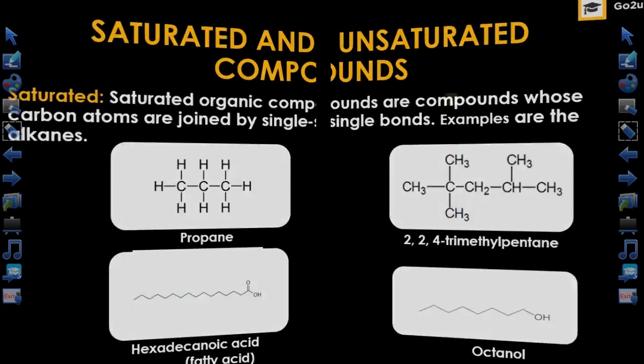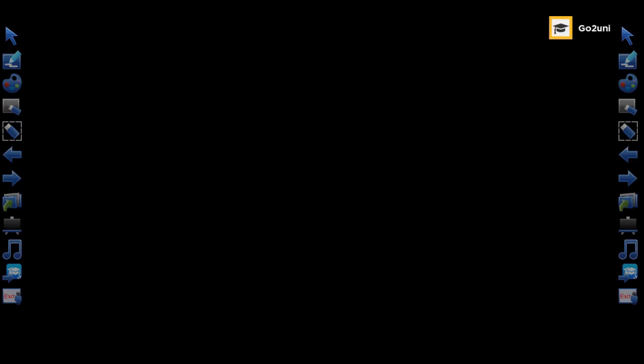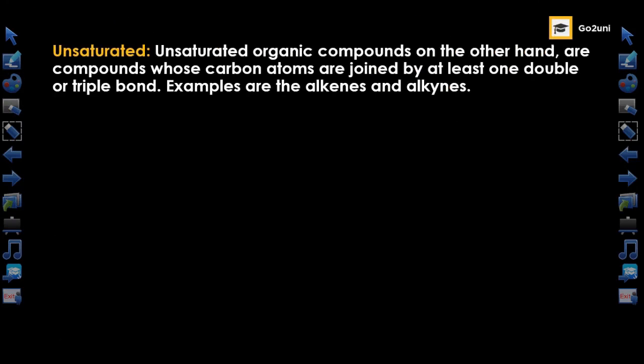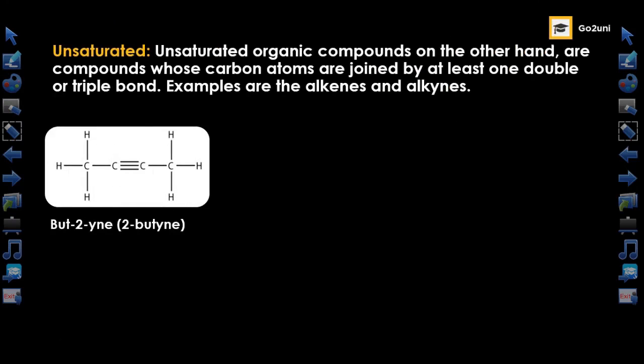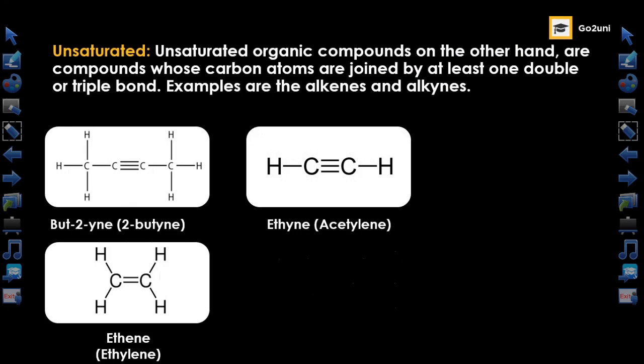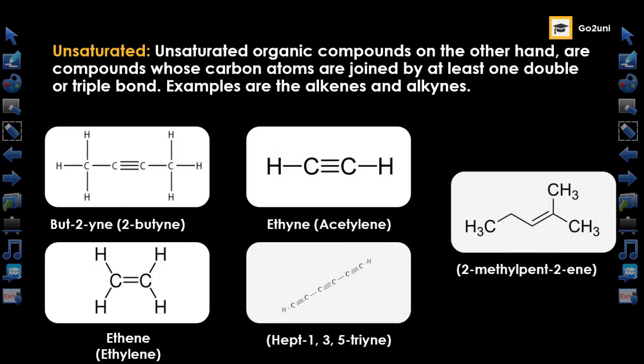Away from saturated, let us look at the unsaturated compounds. Like we have said, unsaturated compounds are compounds that have at least one double or triple bond. That is to say, they must have a double bond or a triple bond between carbon atoms.